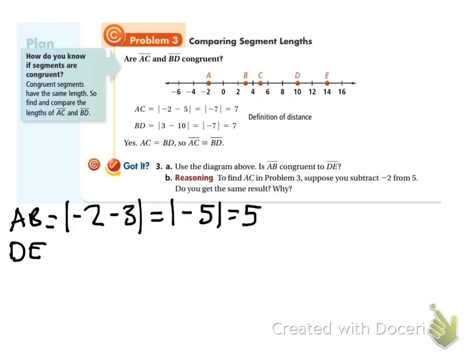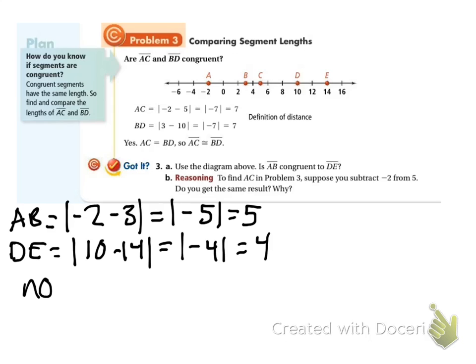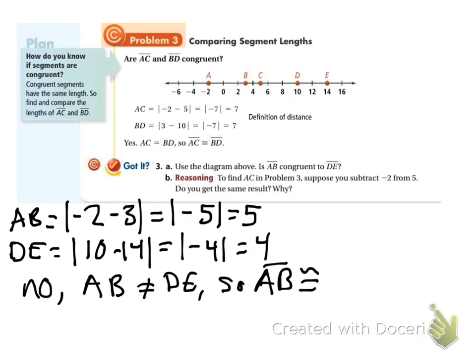And DE is equal to the absolute value of 10 minus 14, which is the absolute value of -4, which is equal to 4. So no, AB is not equal to DE. So line segment AB is not congruent to line segment DE.